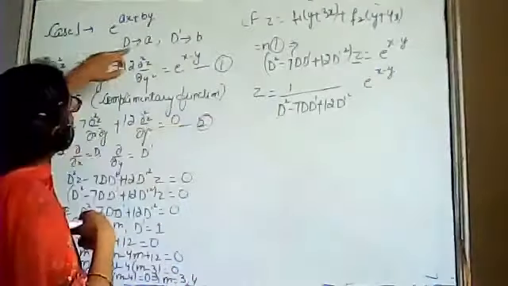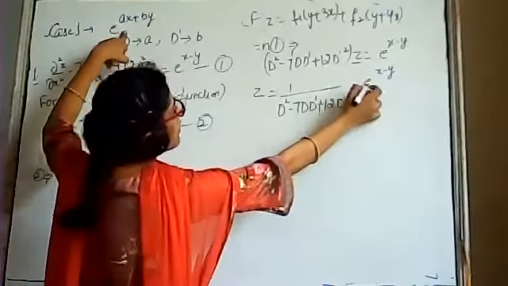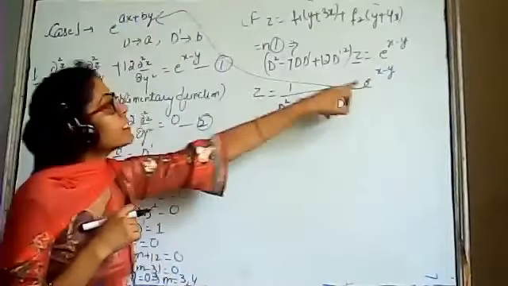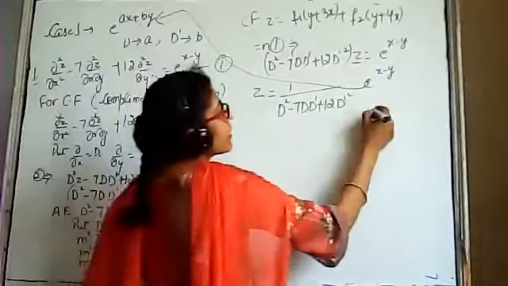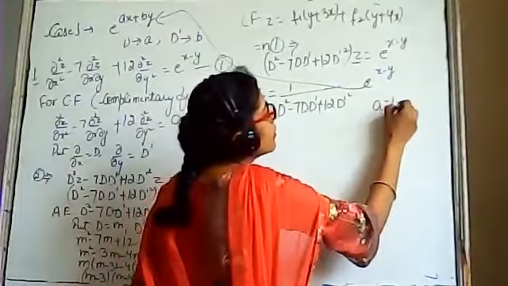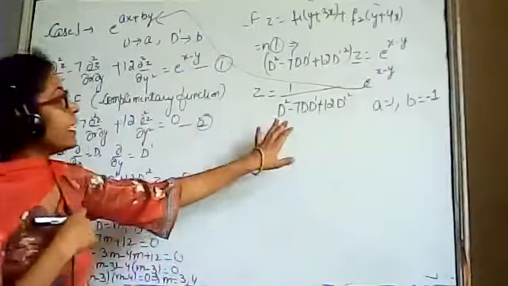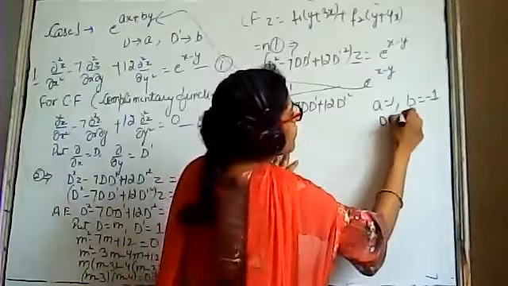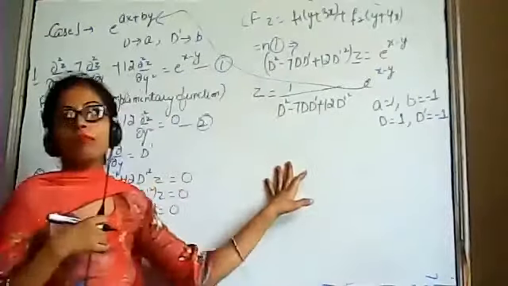After that, comparing this term with e to the power ax plus by, we get a is equal to 1 and b is equal to minus 1. It means you have to substitute D with 1 and D' with minus 1. You have to replace this term.